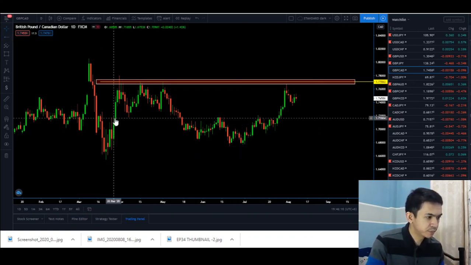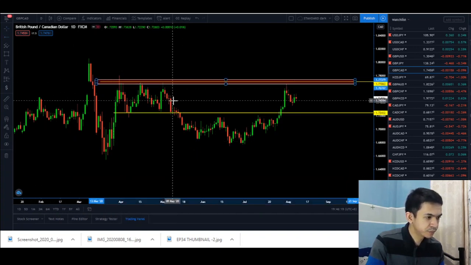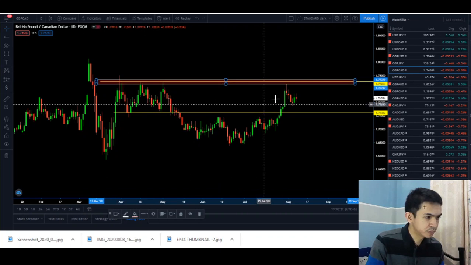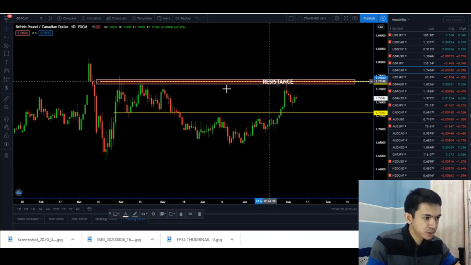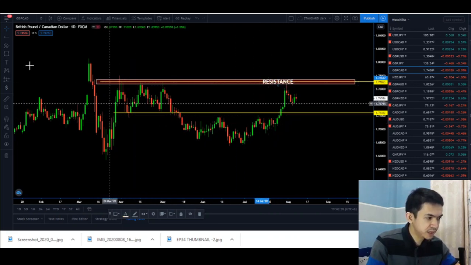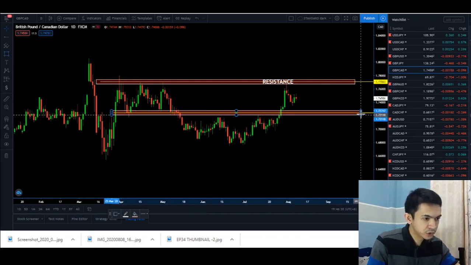So what do we have here? That would be my key significant resistance. I'll just put a label on that, resistance. All right. Below here, I see a key significant level of support.